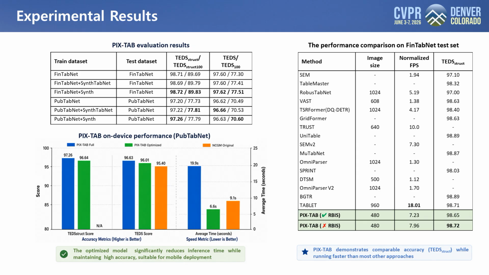In terms of speed, comparing PIX-TAB to recent state-of-the-art methods on FinTabNet, our model achieves near 8 FPS, outperforming many competitors in throughput, while maintaining competitive accuracy. Finally, on mobile hardware, our optimized model processes tables in just 6.6 seconds on average, compared to 19.9 seconds for the full model, representing a speed up of over 3 times with only a marginal accuracy drop.